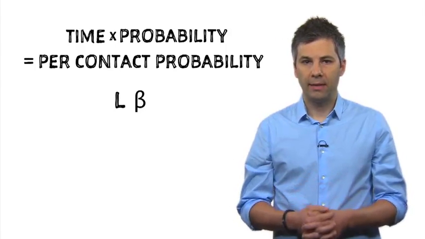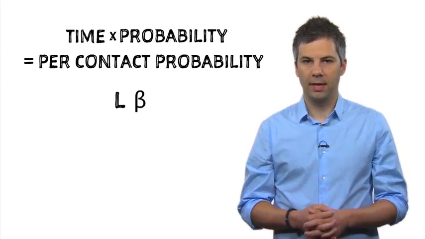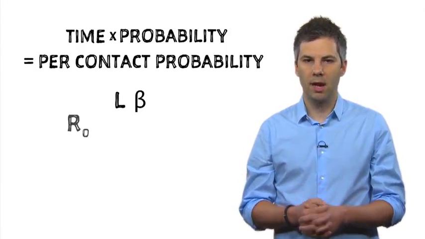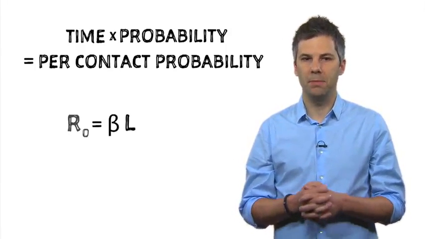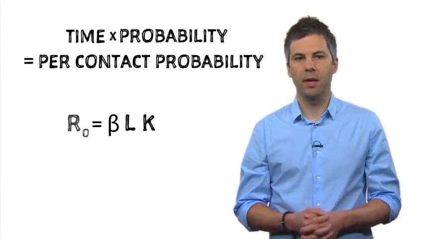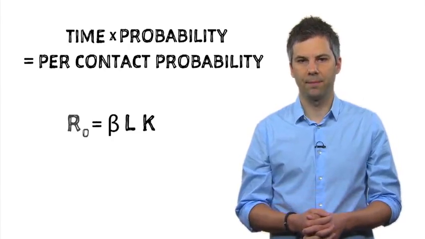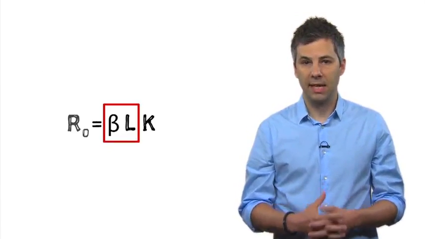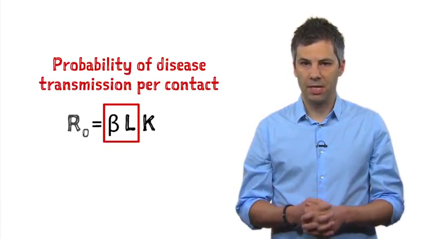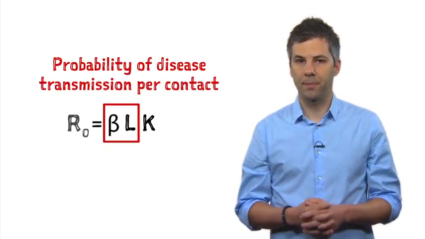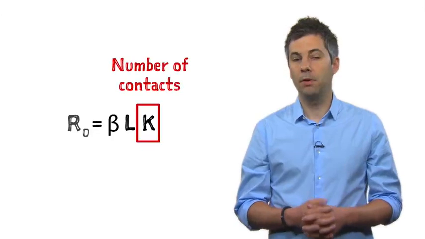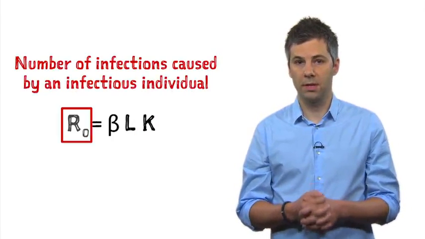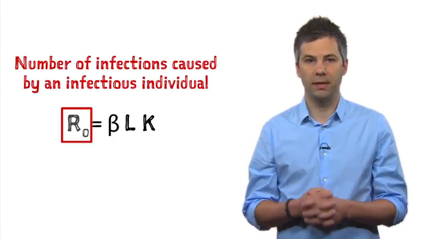If everybody had the exact same number of contacts, we could write R0 equals beta times L times K, where K is the average degree. Again, beta times L is the probability of disease transmission per contact, and we multiply this by the number of contacts K, which gives us the number of infections caused by an infectious individual.